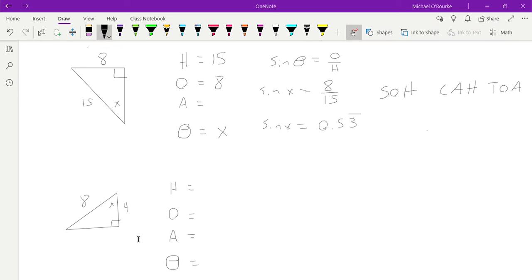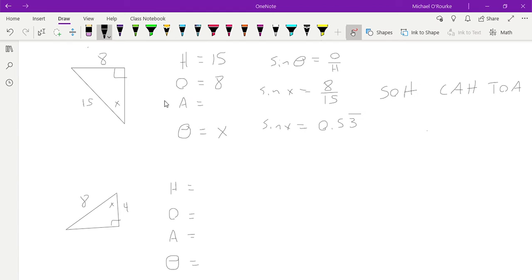If you were using a trig table and you said 32 or 33, I'd mark you right. So, 8 divided by 15 is 0.533.